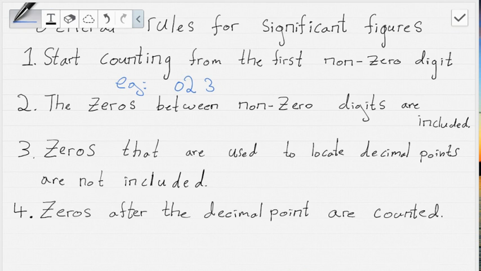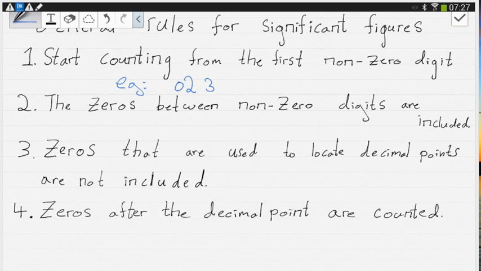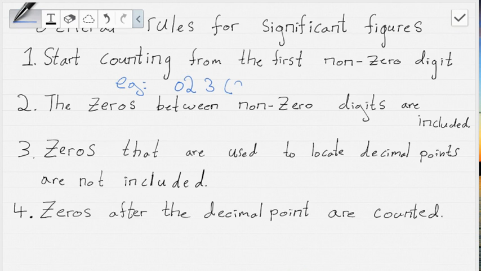Basically that's just 23, but let's say someone put a 0 in the beginning. You should really start counting from the first non-zero number, which is 23. So this has 2 significant figures.